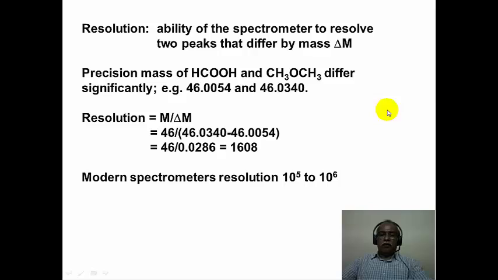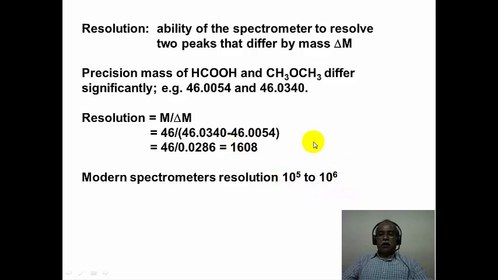This is essentially what constitutes a high resolution mass spectrometer. Now 1600 is a very, very small number for the resolution, because modern mass spectrometers which are available in the market now can typically go to 10,000, 50,000 or about 1 million resolution in terms of the mass resolution that one can obtain.